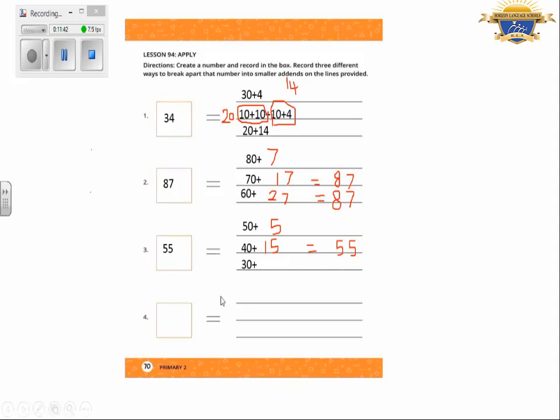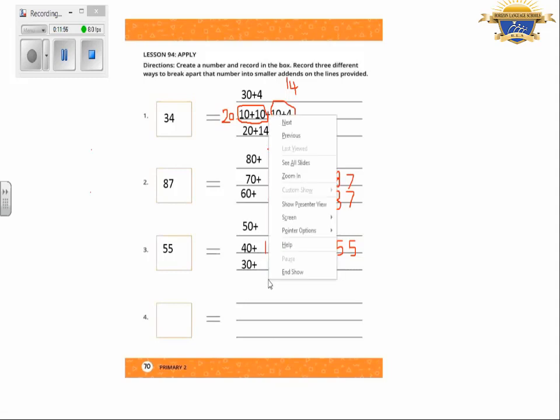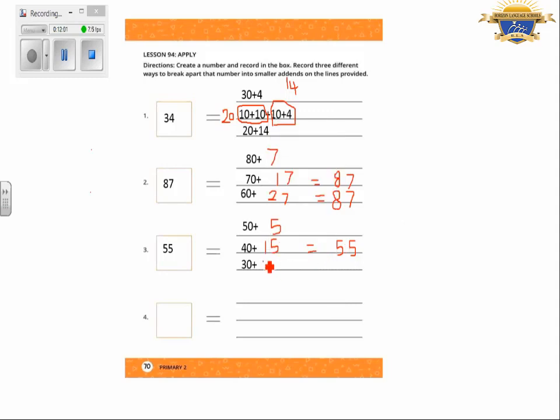So I have 30 plus 25. Let's regroup it together. 5 plus 0 equals 5, and 2 plus 3 equals 5.